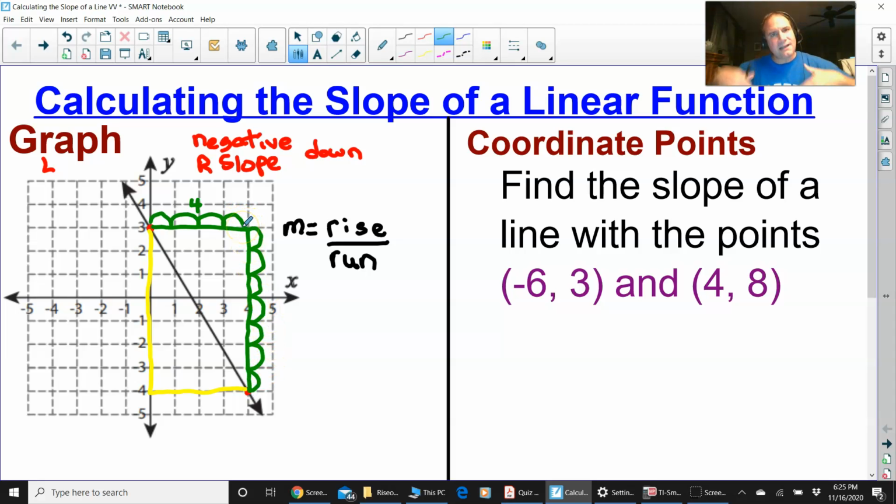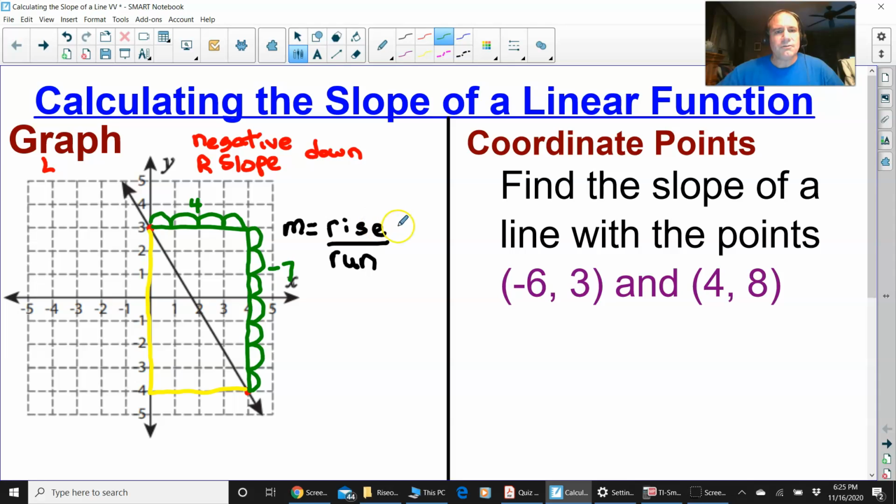Since I went down, you notice that there's negatives going down here in the graph. Since I went down 7, I'm going to put a negative 7. Down means negative. Up is positive. Going to the right, like I went up here, is positive. If I went to the left, that would be negative.